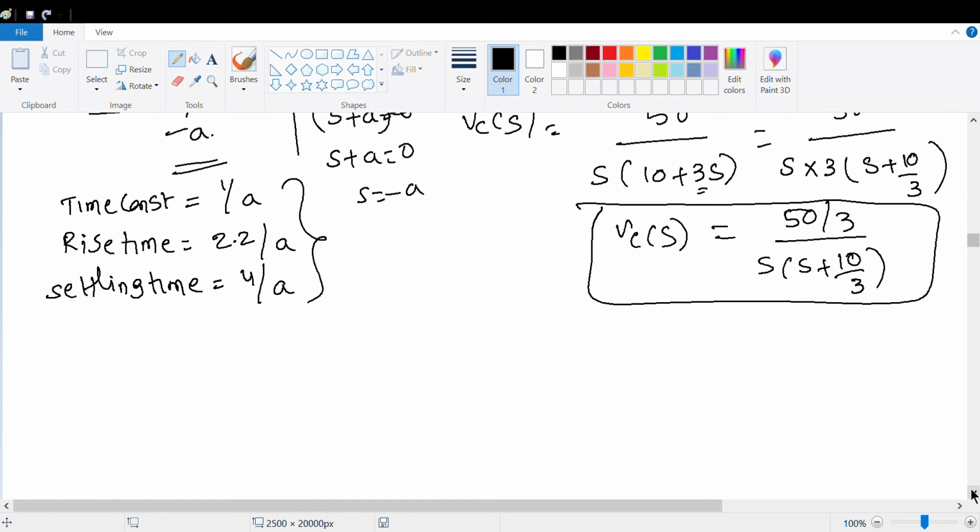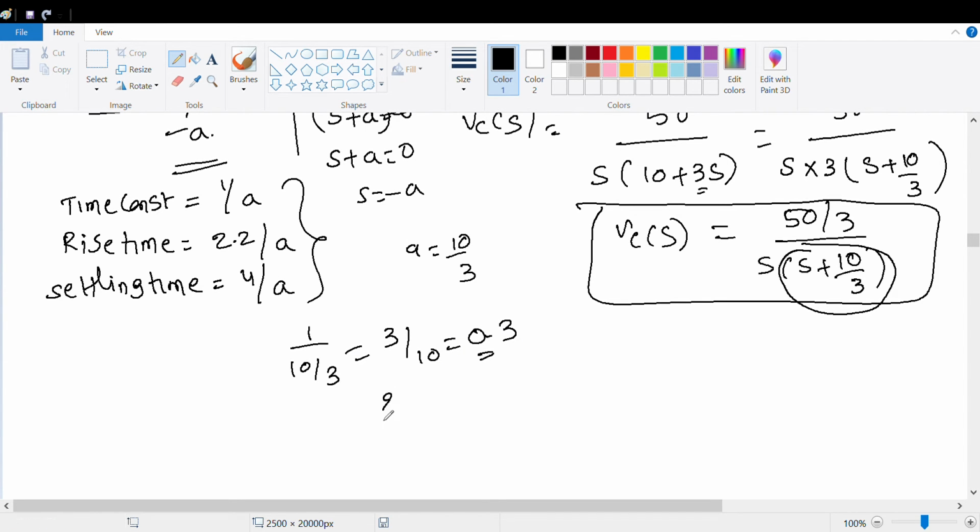Now for this system, s plus 10 by 3, so in the place of a it is 10 by 3. The time constant is 1 by 10 by 3, so it is 3 by 10, which is 0.3.